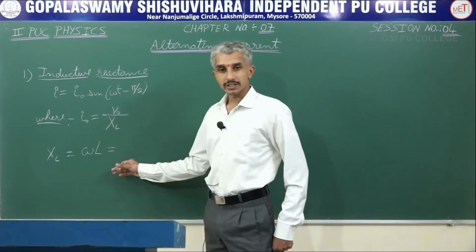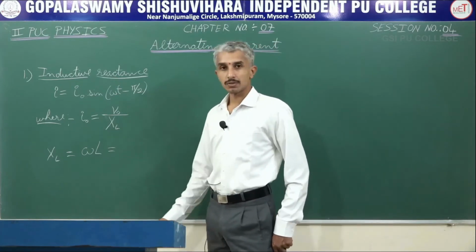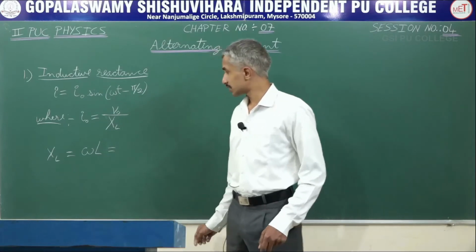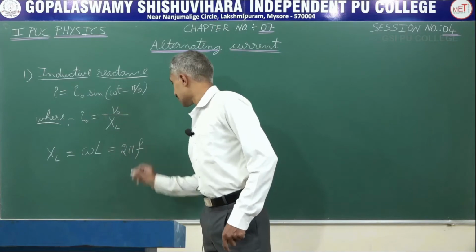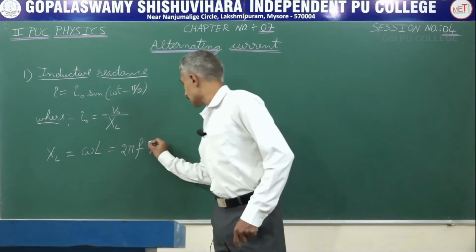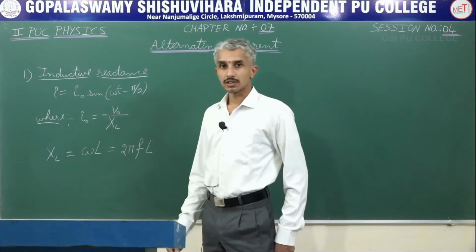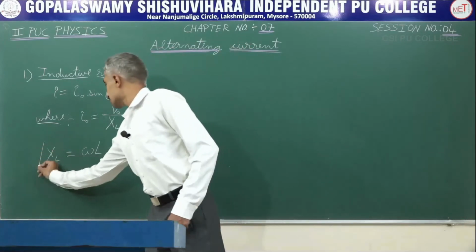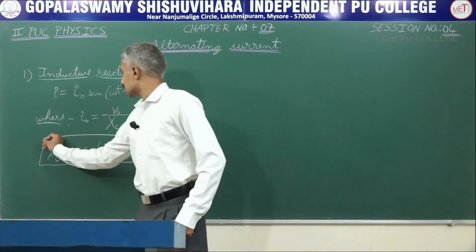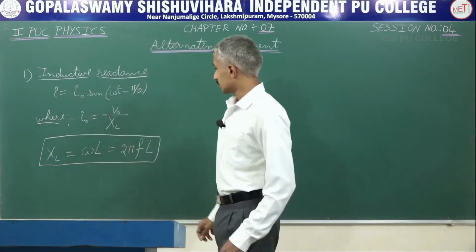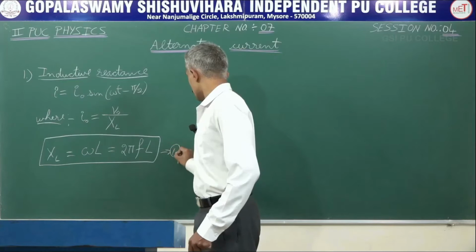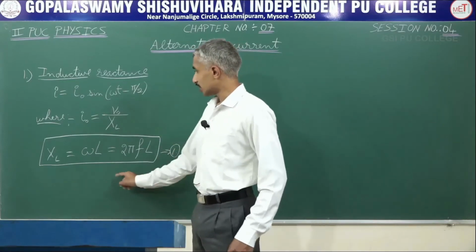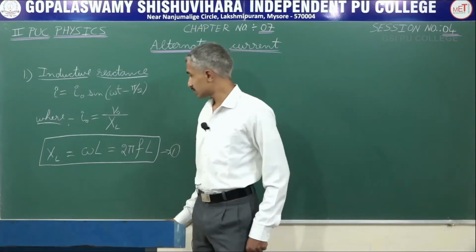Generally in AC we would be using the term angular frequency and not angular velocity. So for angular frequency the formula is 2 pi f into the inductance L. So this is the inductive reactance. Here I can take this as equation 1. So equation 1 gives us inductive reactance.